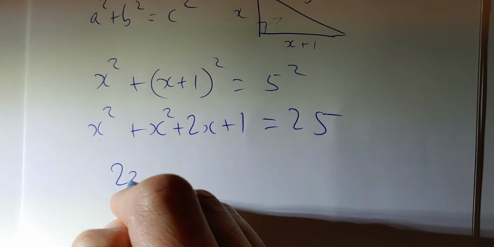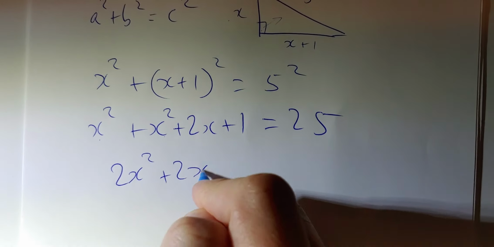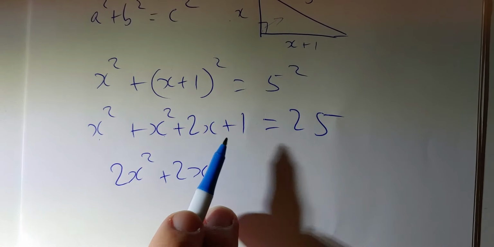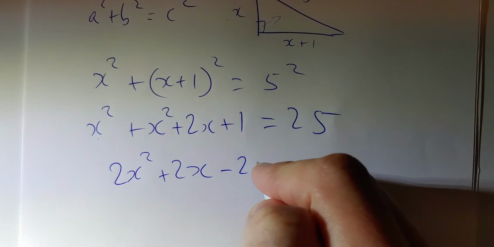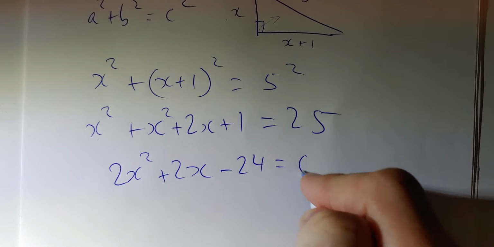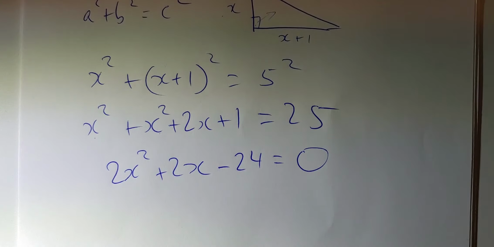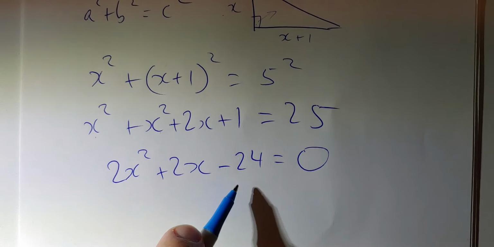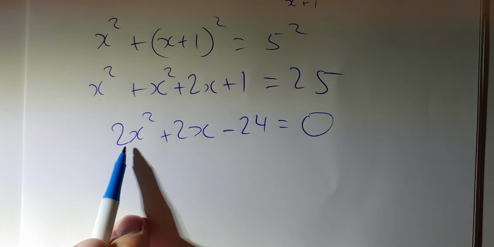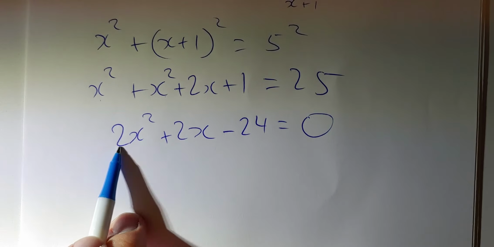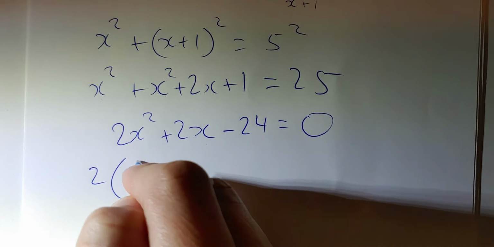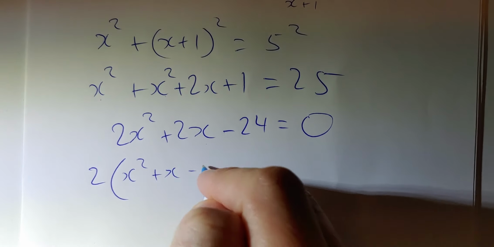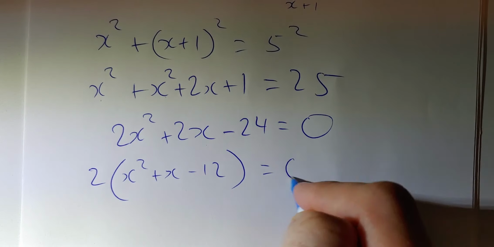So I'm going to end up with 2x squared plus 2x, and then 1 take away 25 will be negative 24 equals 0. Now, let's start factorizing. I can see there's a coefficient greater than 1, and I can divide each term by that. So I'm going to take that out. x squared plus x take 12 equals 0.